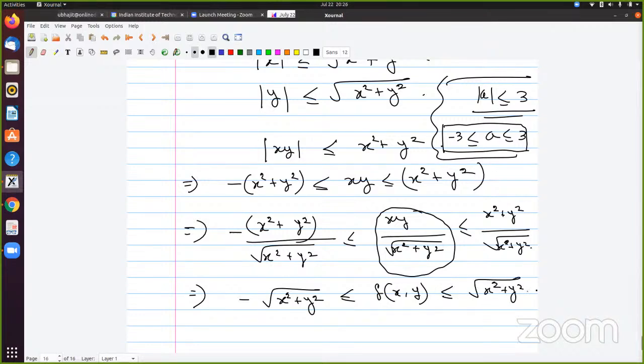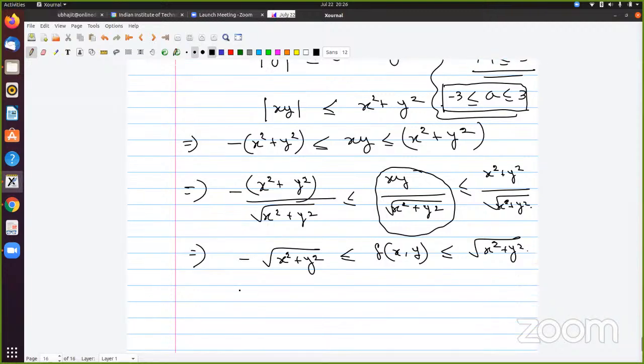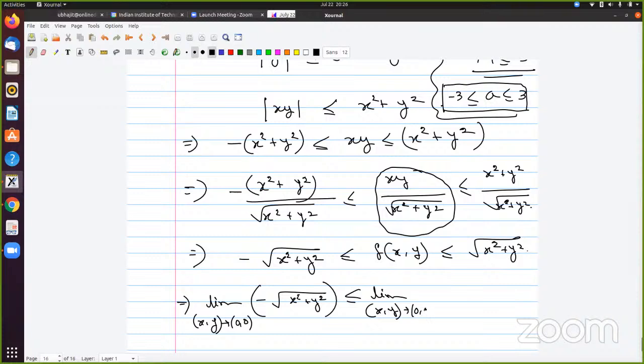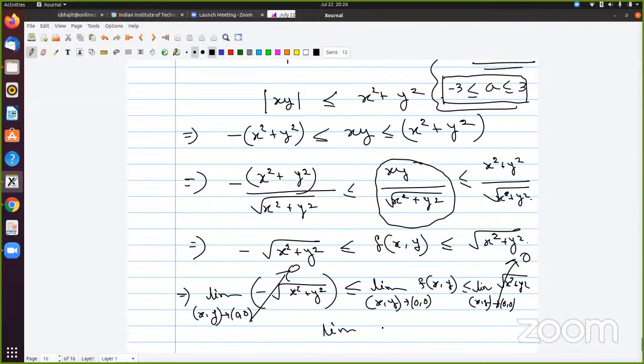Now if we take the limit as (x,y) tends to (0,0), basically I am applying the sandwich theorem. What is the limit? 0. Is it clear? This one is going to 0, this one is also going to 0, so it is in between. So the limit of our function exists and it is indeed 0.